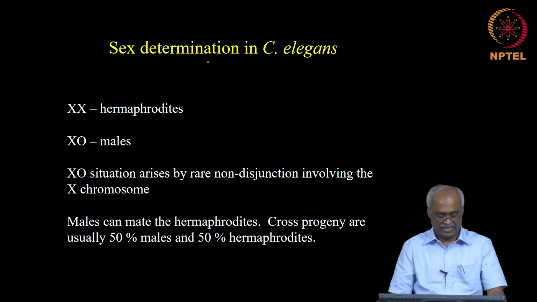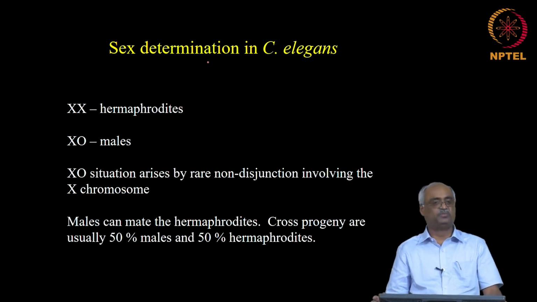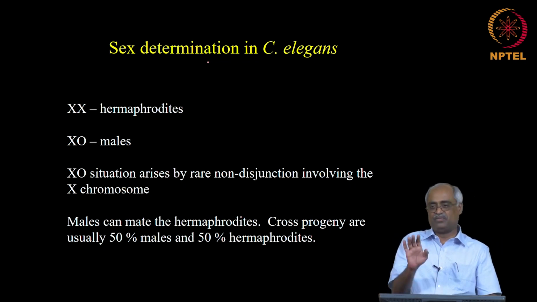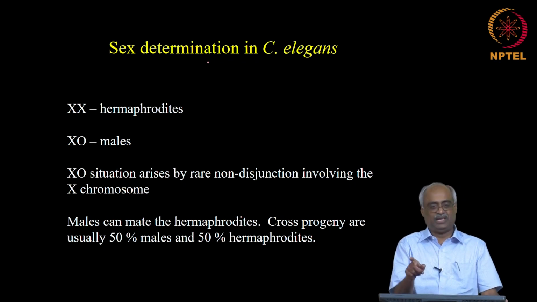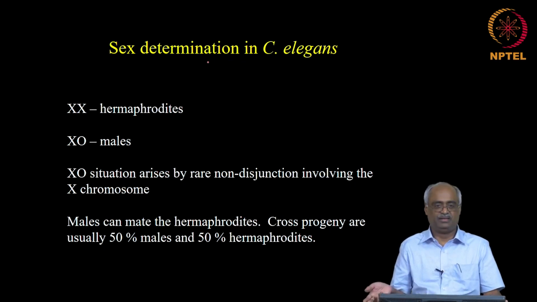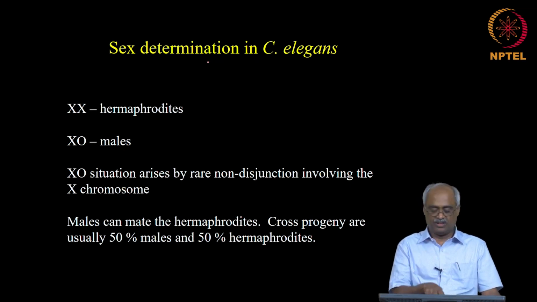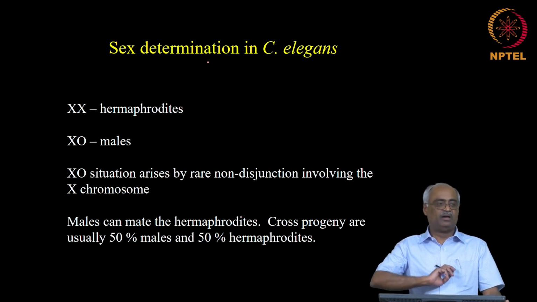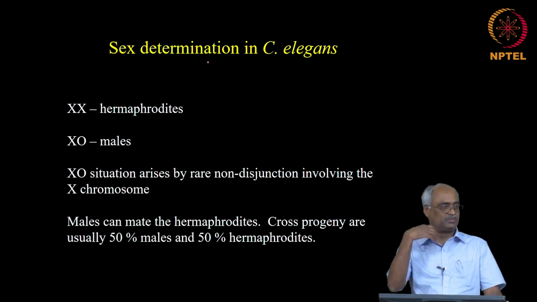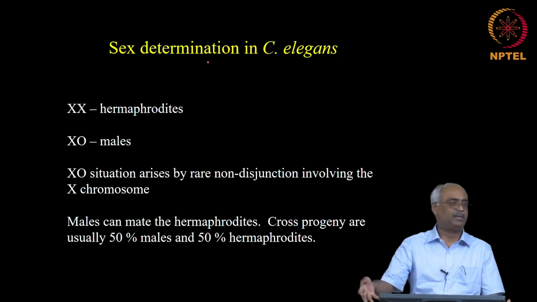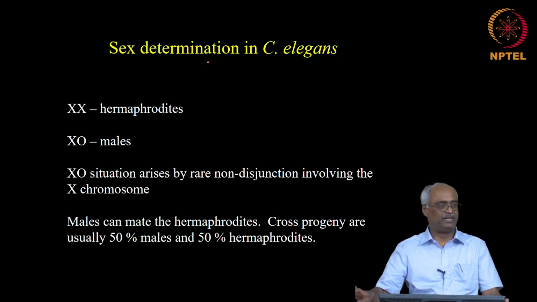People usually say X to autosome ratio, but I will simplify that as the number of X chromosomes: 2X chromosomes female, 1X chromosome male. And this X0 arises usually due to defects in meiosis called non-disjunction, where both homologous chromosomes go into one of the daughters after meiosis 1, therefore the other daughter lacks that chromosome entirely.